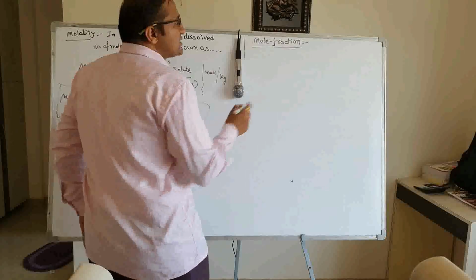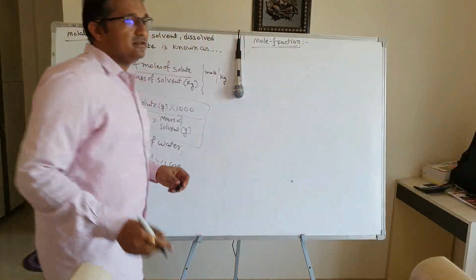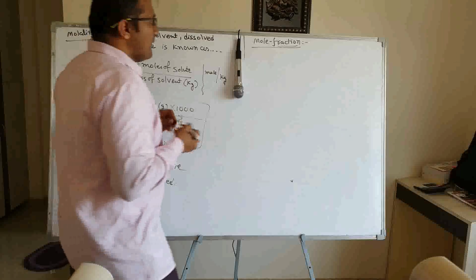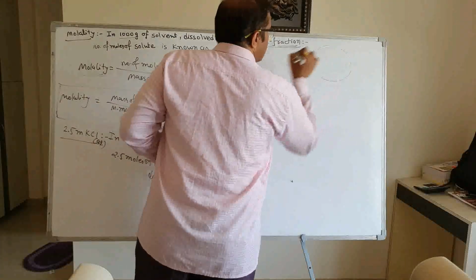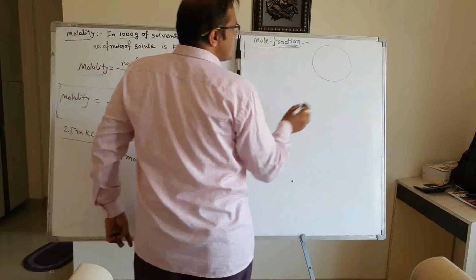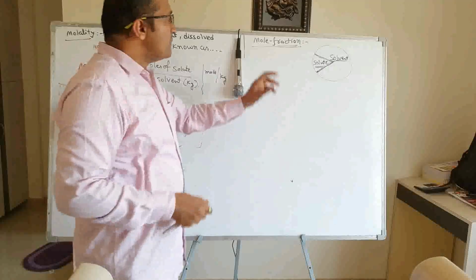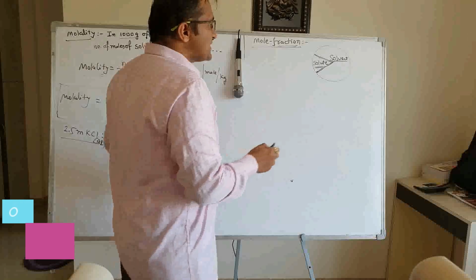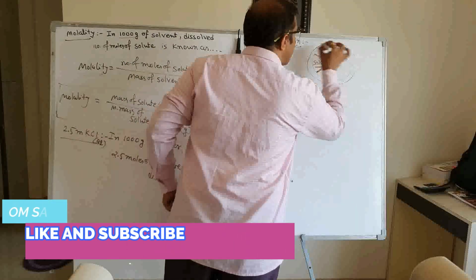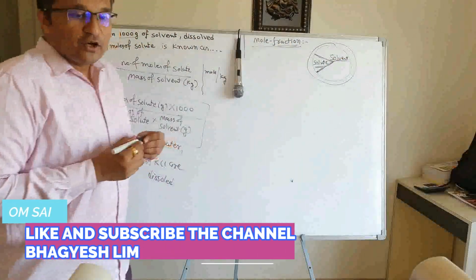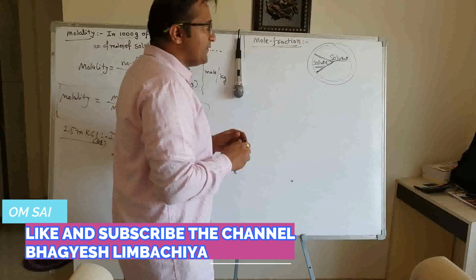See, mole fraction, generally fraction is taken when this is one solution and we ask how much part of solute is there. For mole fraction, first we will see, suppose we are taking one solution and the solution is denoted as unit 1.